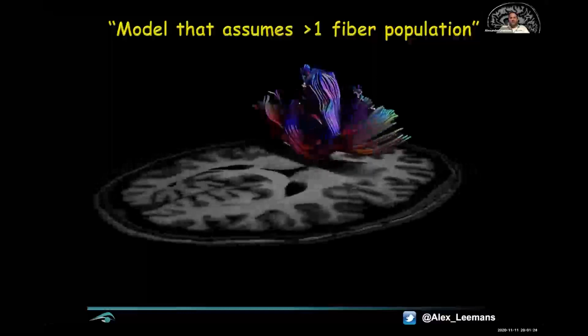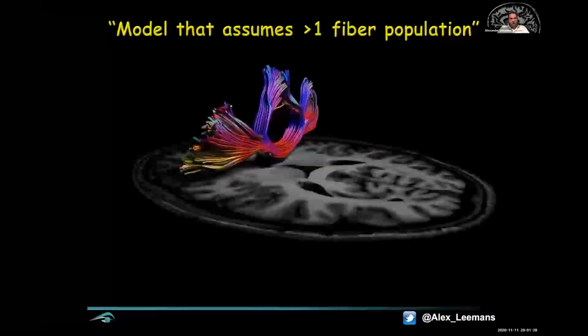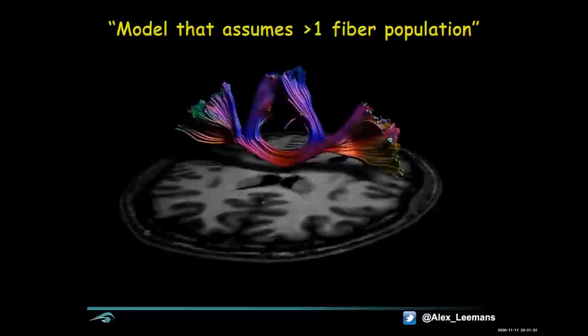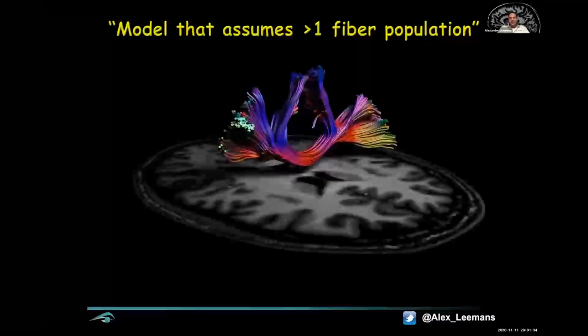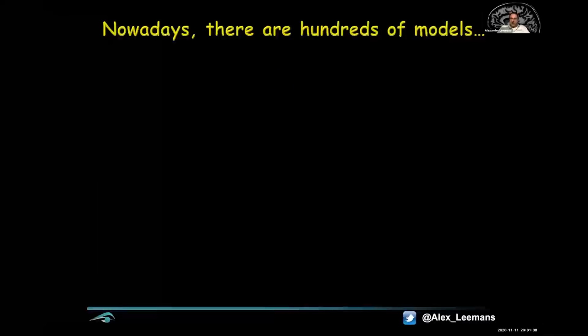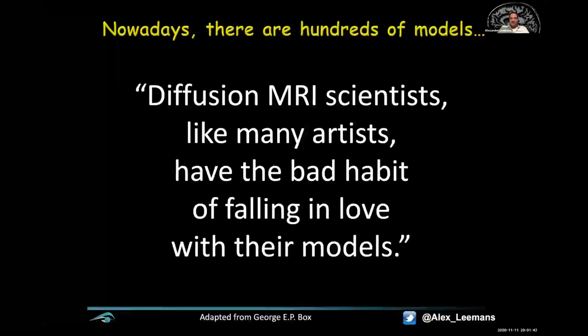Okay, so the nice thing is that we can use our modeling, or engineering and physics to try to capture these more complicated configurations within the brain. And so nowadays there's hundreds of models, right? And in a way, I've kind of adapted this quote from George Box.